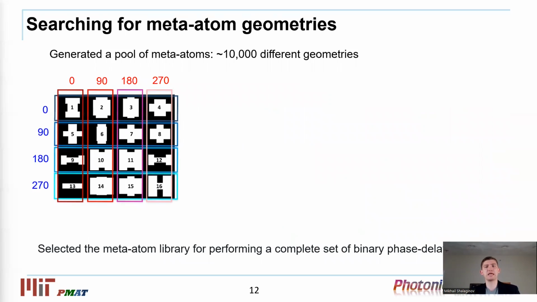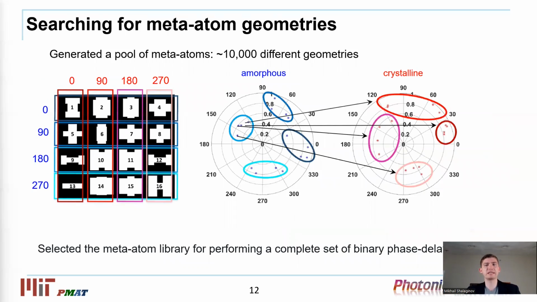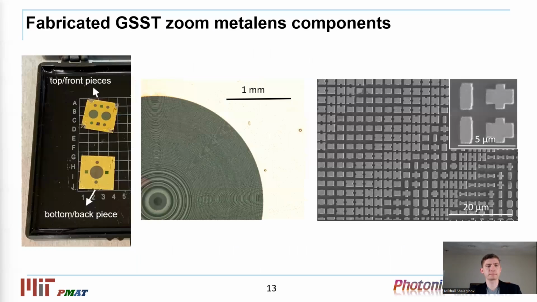Here you can see the table of the meta-atom geometries, the top view, sorted by phase delays in the amorphous state and crystalline state. The polar diagrams illustrate simulated phase spreads as well as amplitudes corresponding to the transmittance of the 16 meta-atoms in the two material states, enabling the required phase delay switches.